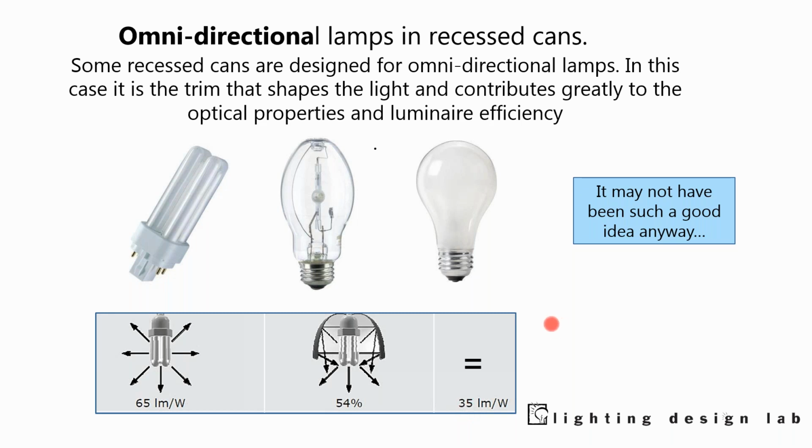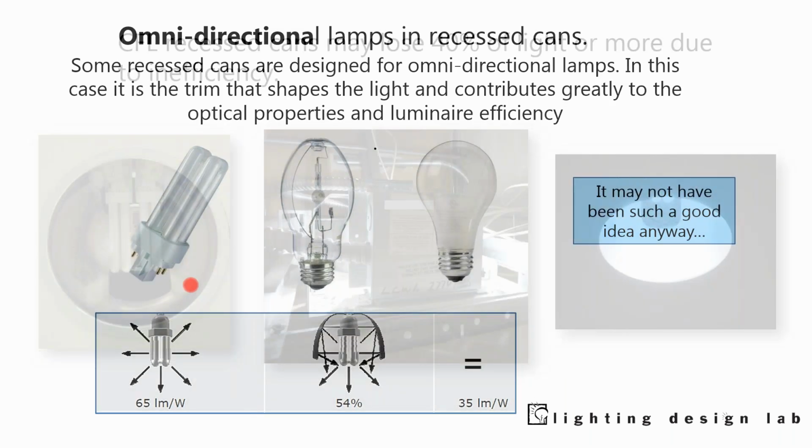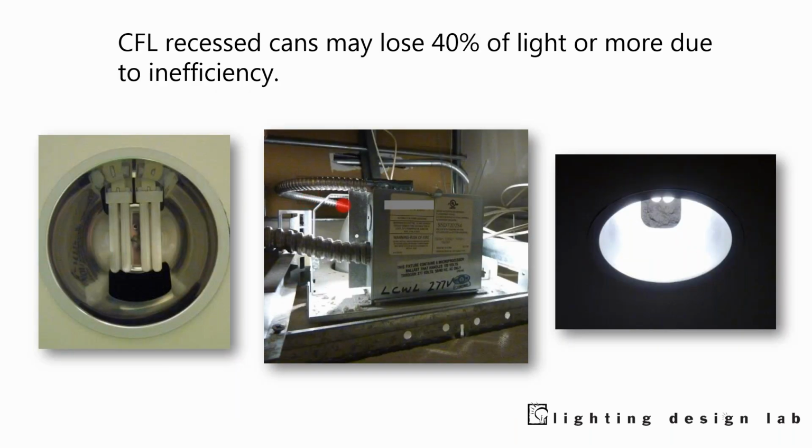A lot of that light gets wasted out cooling vents. If we look up in the plenum of this recessed can, we see a lot of light. We shouldn't see any light up here, but we see a ton. We can read the label quite easily without any other additional lighting.